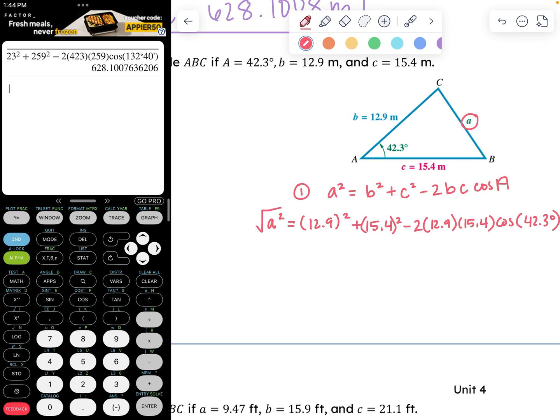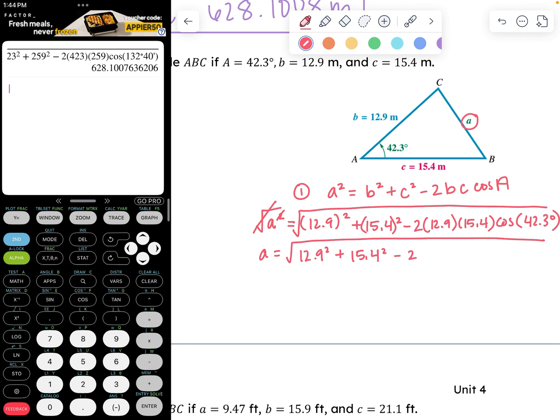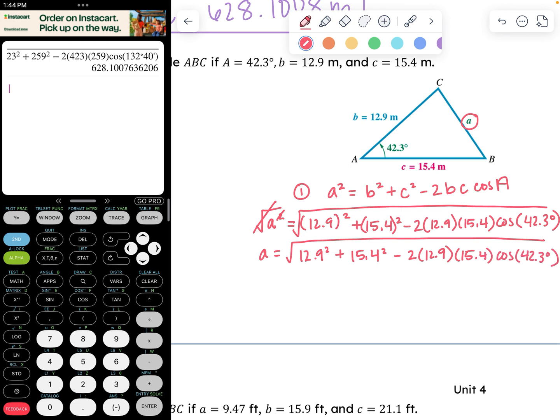To get A by itself, I'm going to square root both sides. So A is equal to the square root of 12.9 squared plus 15.4 squared minus 2 times 12.9 times 15.4 times the cosine of 42.3 degrees.